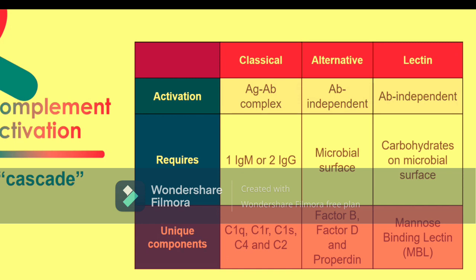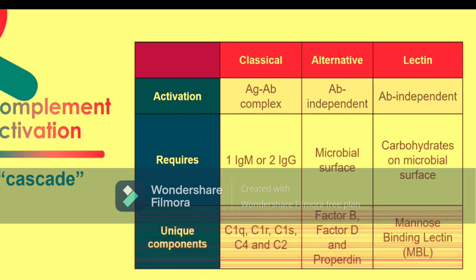This is a table that differentiates the pathways according to their activation and the different requirements that the unique components present for the activation of each. The classical pathway needs immune complexes, or the antigen and antibody complex. The alternative pathway and the lectin pathway are both antibody independent, which means they do not need the presence of an antibody to be activated.